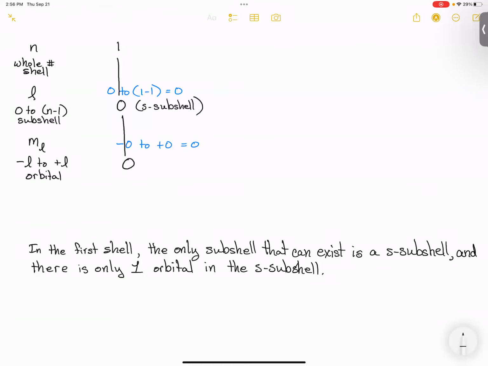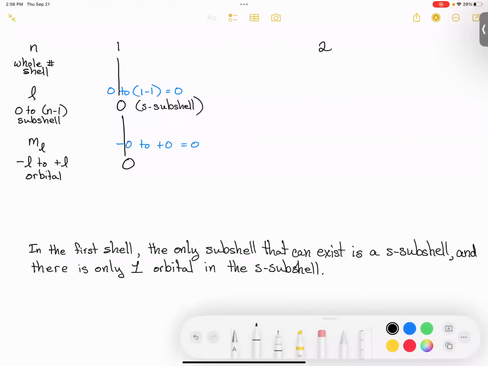Okay. So to see this in more light, let's go to principal quantum number 2. For principal quantum number 2, L can be anything from 0 to n minus 1.